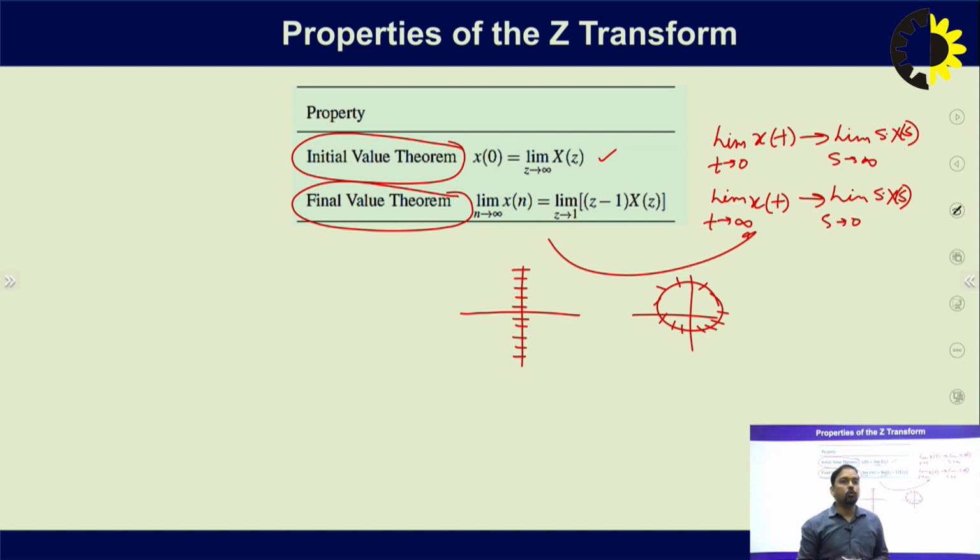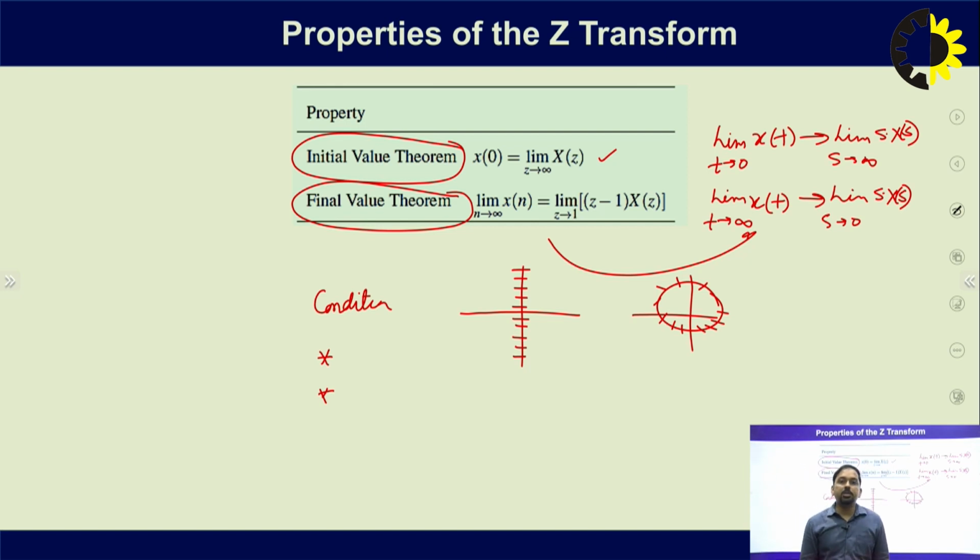After this, we have two important points. What are the conditions for which these two theorems are applicable? First, the initial and final value theorems are applicable for causal signals. Means causal signals, because those are the real-time signals, so these theorems are applicable only for the real-time signals. After that, we'll talk about the final value theorem.